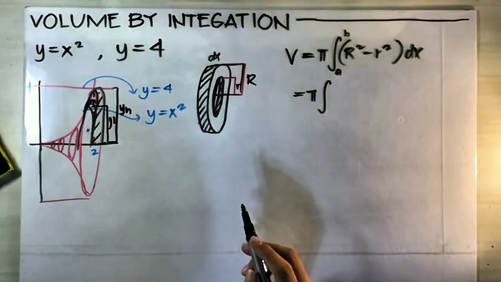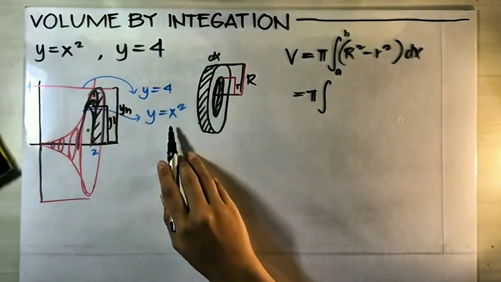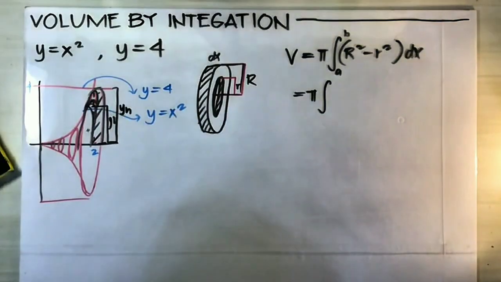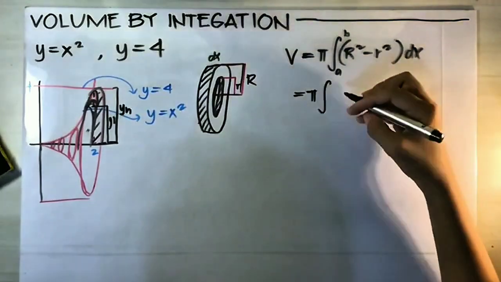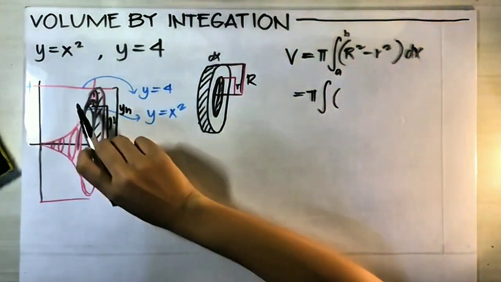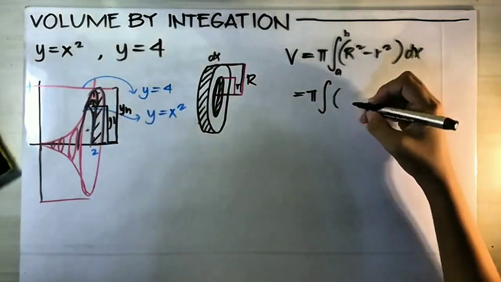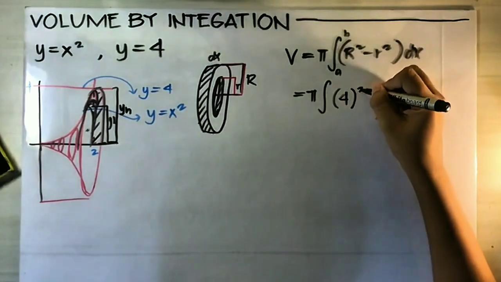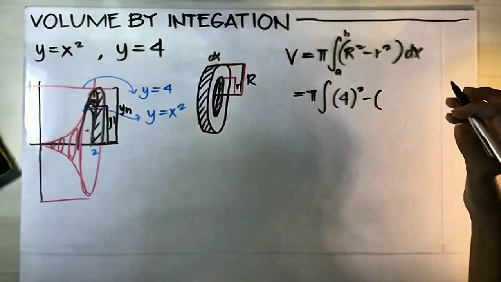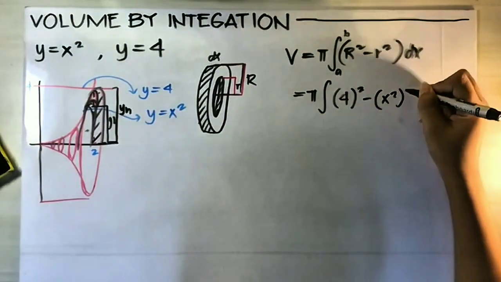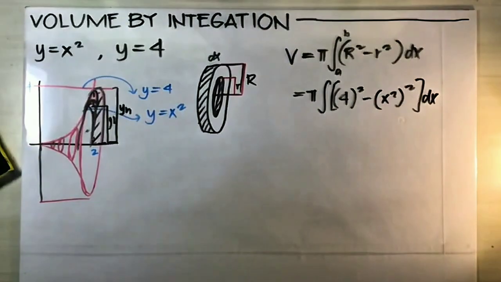So again, our y high is y equals 4, and our y low is y equals x squared. So now let's put it into the formula. So our R is the y high squared, so 4 squared minus y low, the x squared, times the dx.